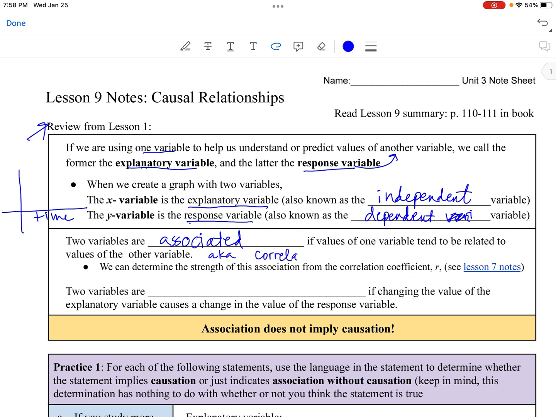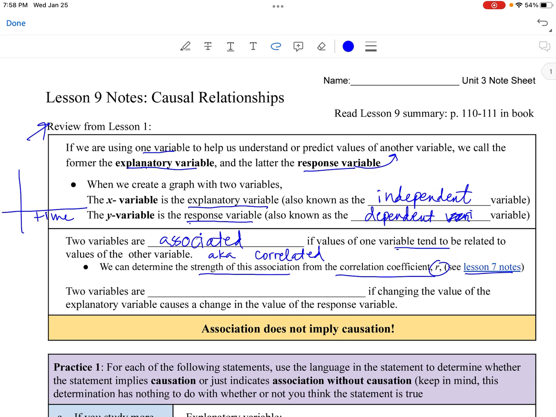We might use the word correlated if the variables tend to be related. And of course, what we learned in our last lesson, we can determine the strength of that association or correlation from the correlation coefficient, R. You can review that in your Lesson 7 notes.